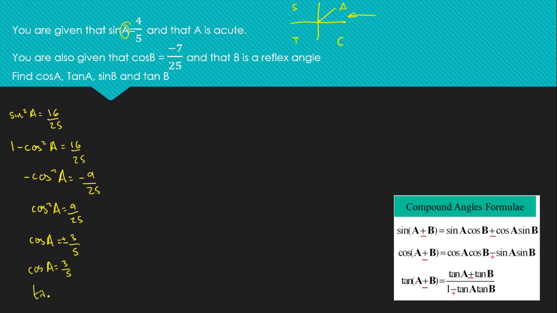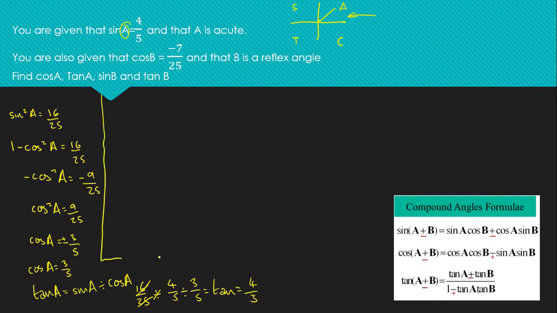Now tan of A is going to equal sine A divided by cos A, which will be, pardon me, not 16/25, 4/5 divided by 3/5, and so therefore tan A is equal to 4/3. Okay, so there's cos A and tan A done.